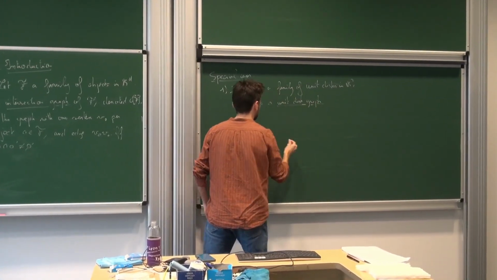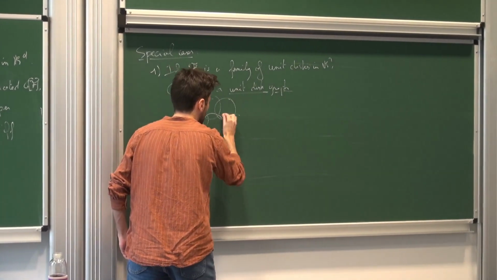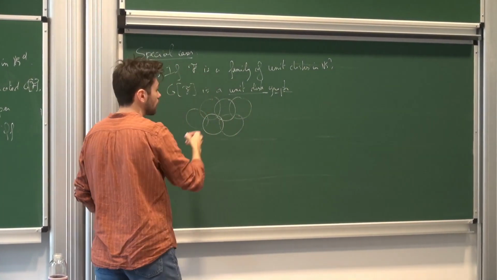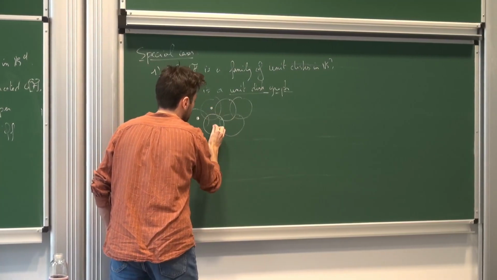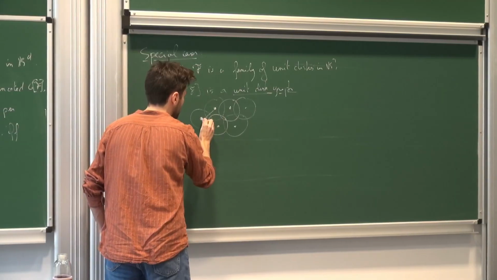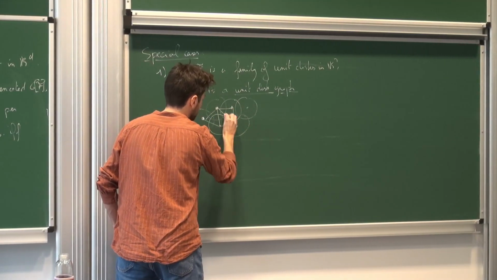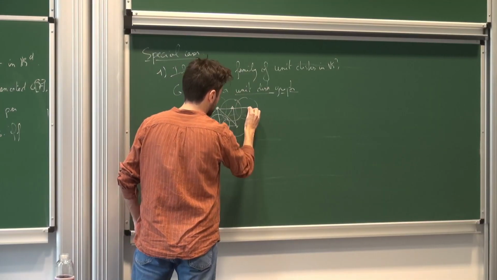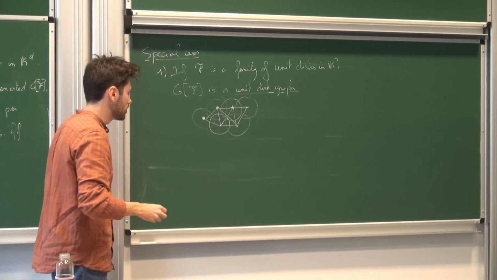Maybe some of you are familiar with that. The idea is that we draw some unit disks, so all of them have equal radius, and we put one vertex per disk, and we add an edge whenever both intersect. So that's a good illustration of this kind of geometric graphs.